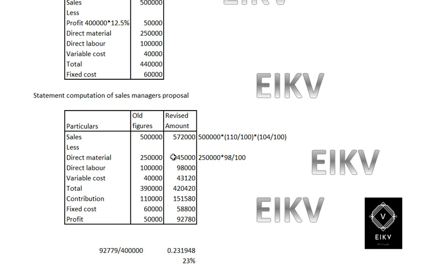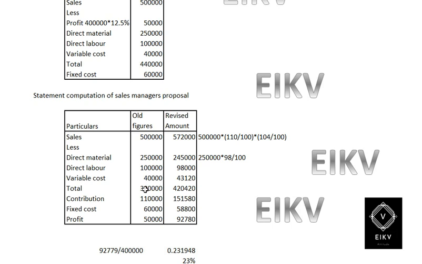Direct material will reduce by 2%, which means 2,50,000 into 98 divided by 100. And direct labor, exactly like direct material: 1 lakh is the current amount, so 1 lakh into 98 divided by 100. Then variable cost, and then we have the total cost.